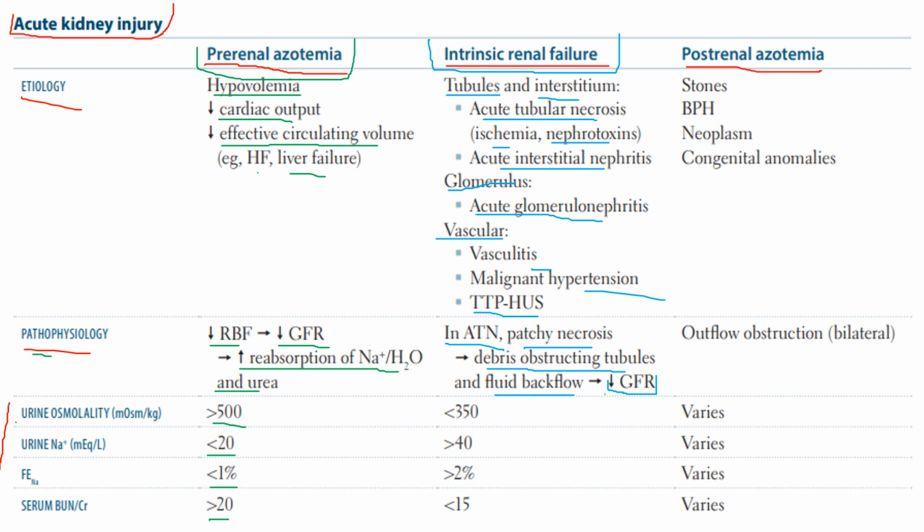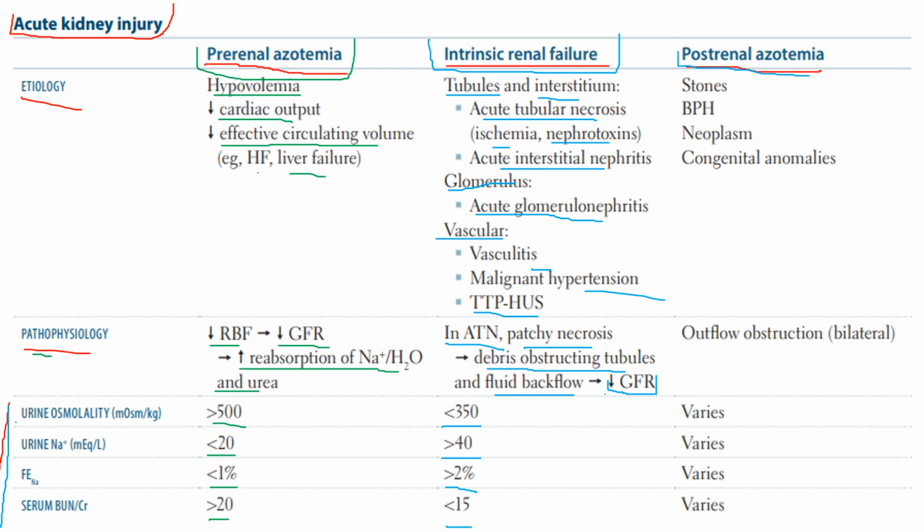Now the laboratory findings are: the urine osmolarity is less than 350, sodium excretion in urine is greater than 40, fractional sodium excretion is greater than 2%, and serum BUN to creatinine ratio is less than 15.